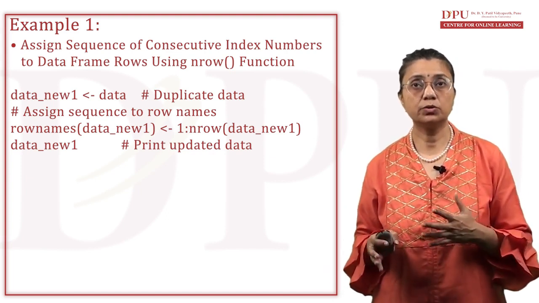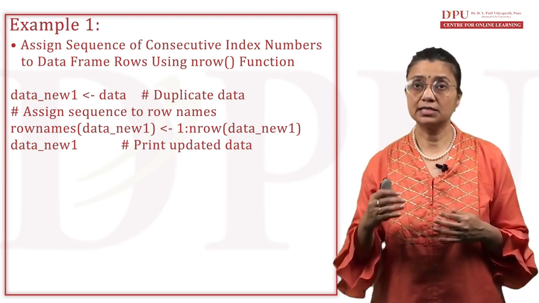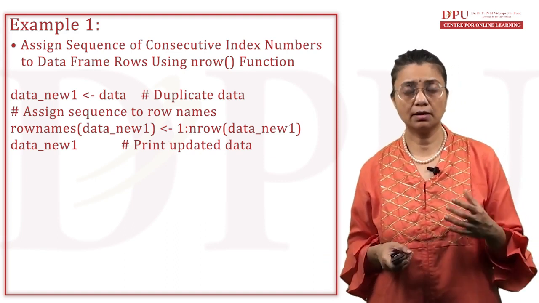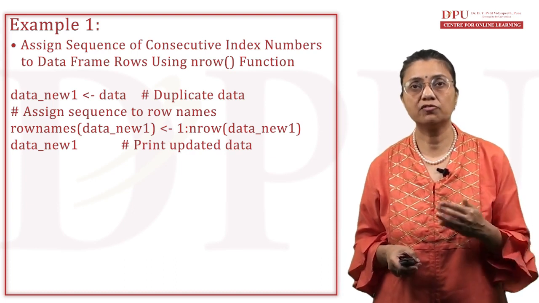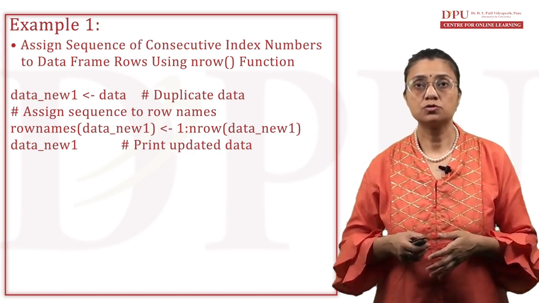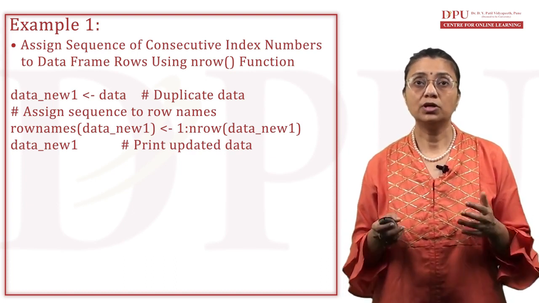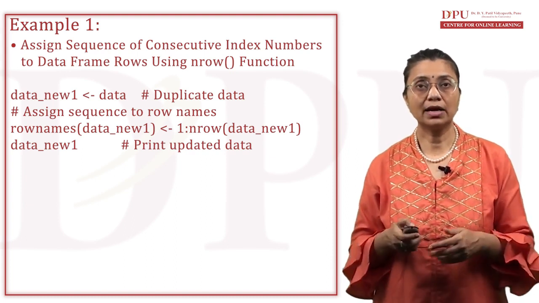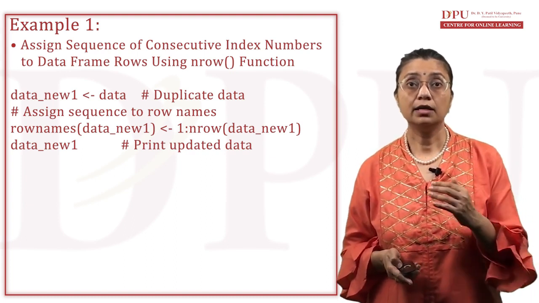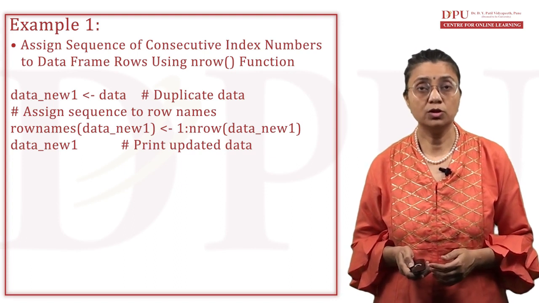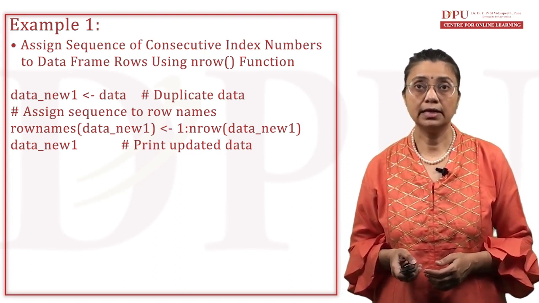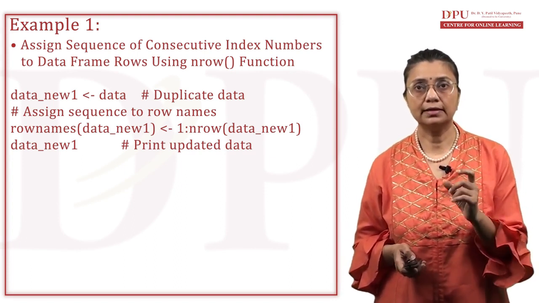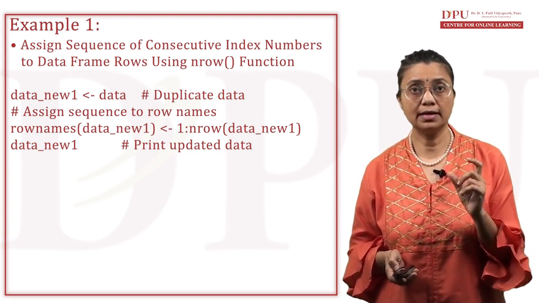Next, we assign a sequence to the row names. We are assigning sequence numbers, which means the row names will have serial numbers 1, 2, 3, 4 and so on. So we use row.names and within brackets we pass data_new1, which is our duplicate data.